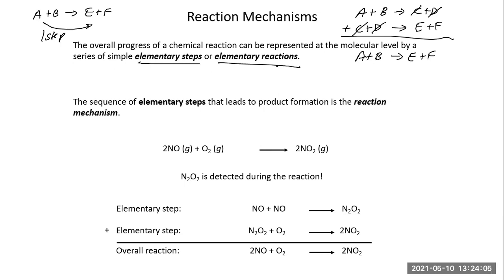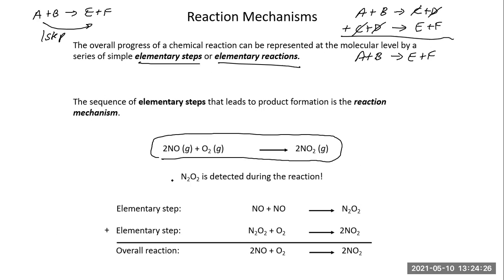Now, why do we think reactions perhaps don't happen exactly as written, in a one-step process? For example, look at this reaction in the middle of the screen: we have some NO gas plus some oxygen gas making some NO2 gas.